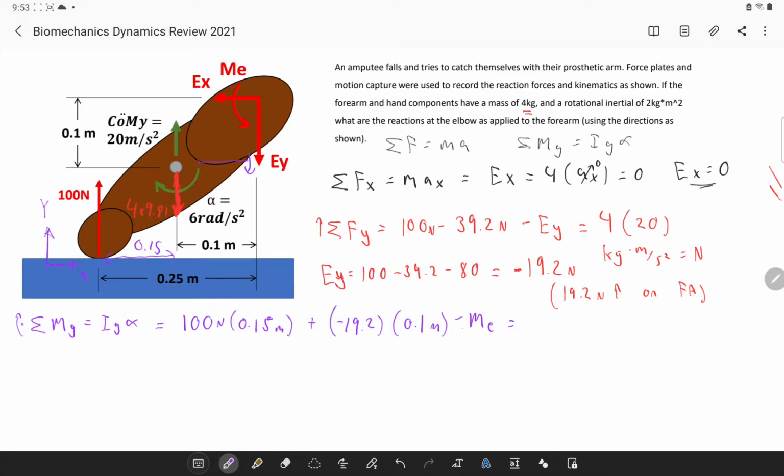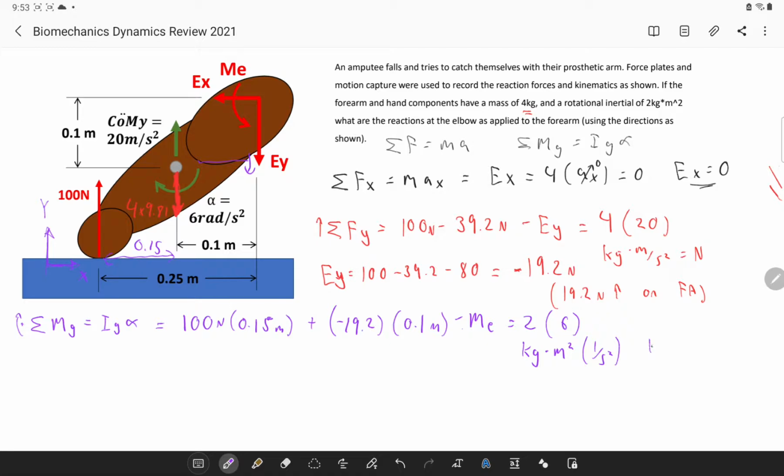equal to our IG, which we have 2, times our alpha, which we have as 6. And important to note here, we have kilograms meters squared times our alpha, which is going to be 1 over second squared.